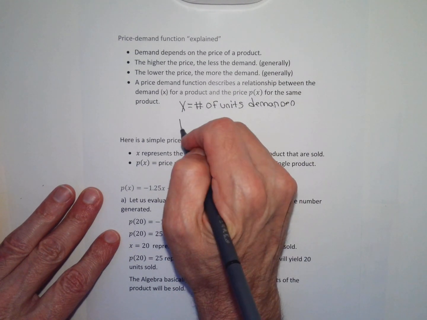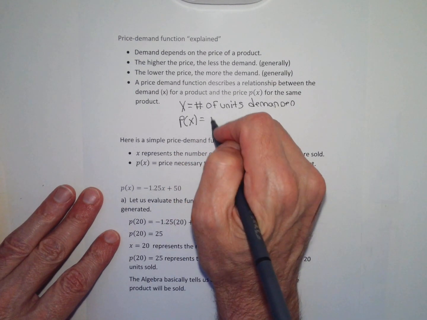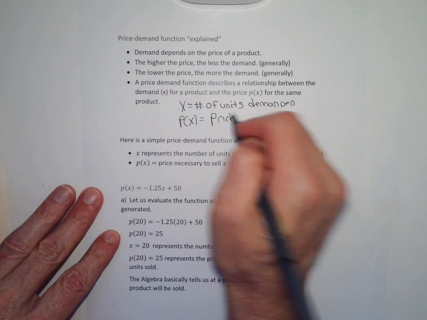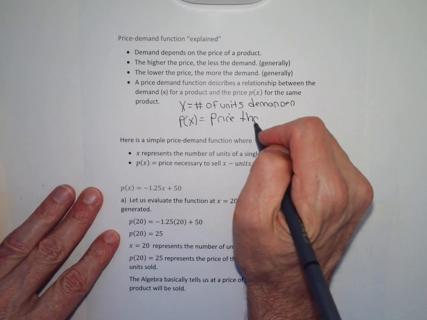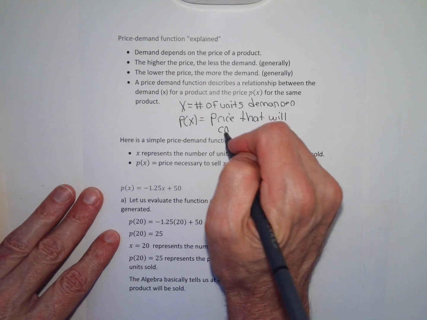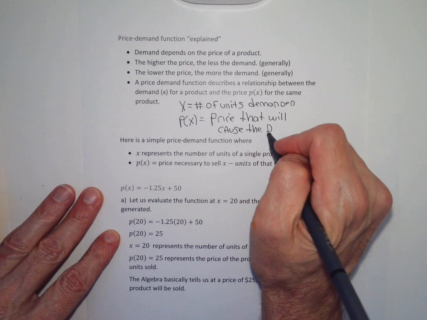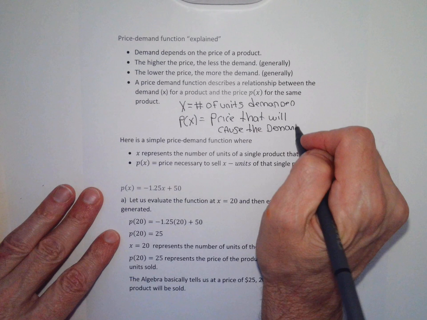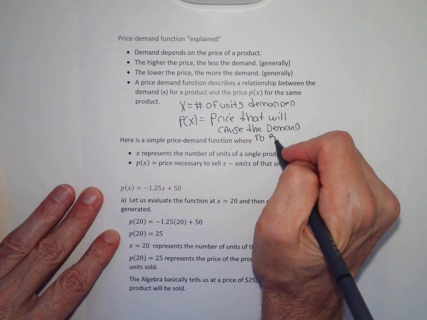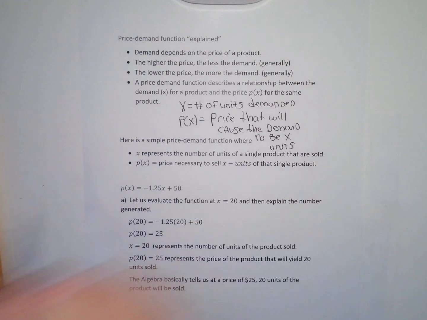And when I plug the X into this function, I'll get the price that will cause that many units to be sold. Cause the demand to be that many units. So in a price demand function, I'm going to plug in a number of units and I'll get out the price that it will take to sell that many units.